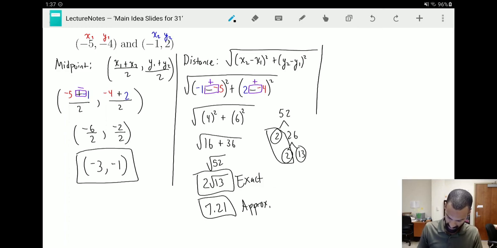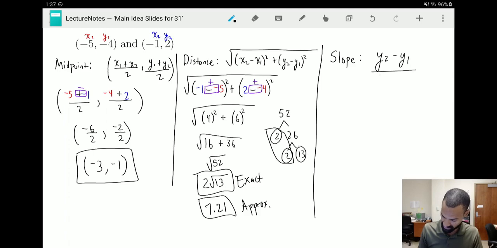Finally, let's find the slope. Now remember, the slope: find the difference in the y values, find the difference in the x values, and find the ratio between the differences. So y2 is 2, y1 is negative 4, x2 is negative 1, x1 is negative 5.